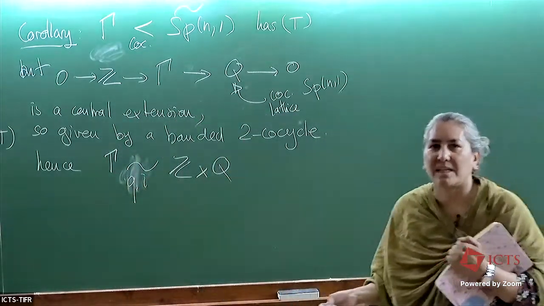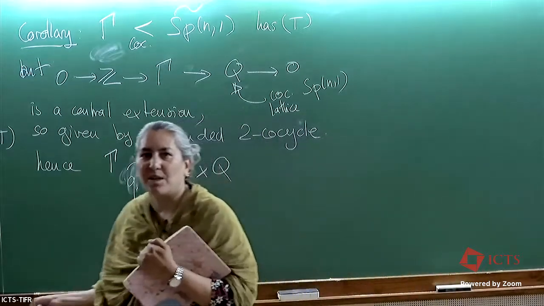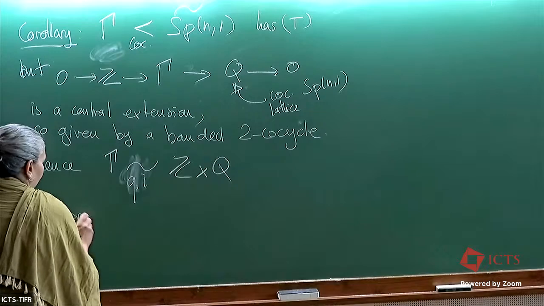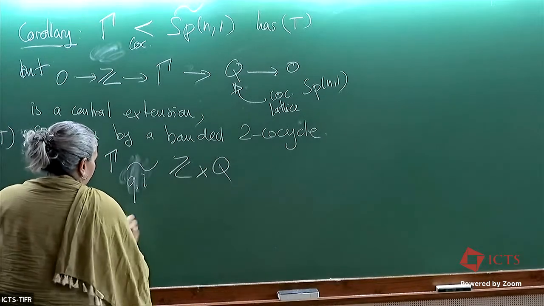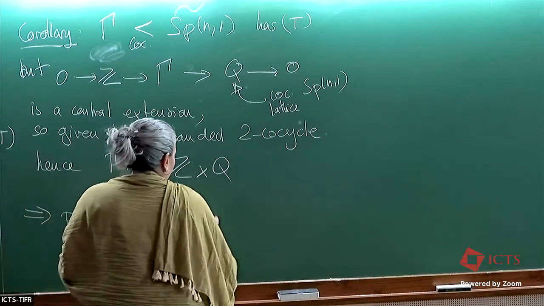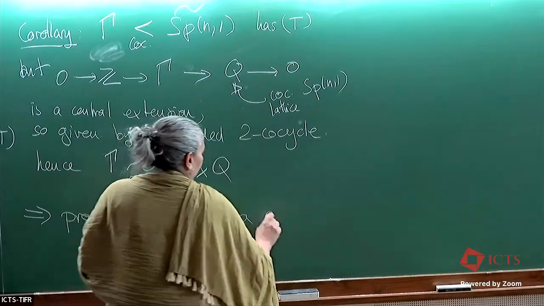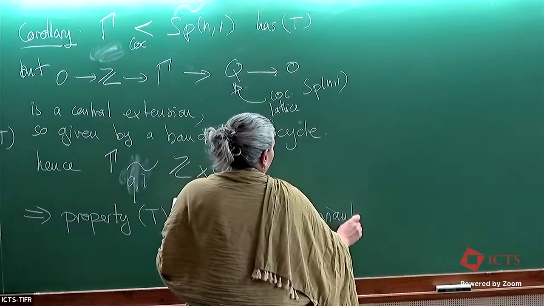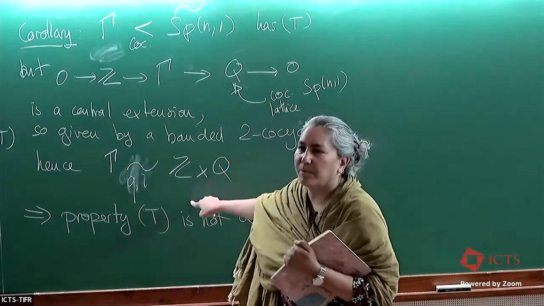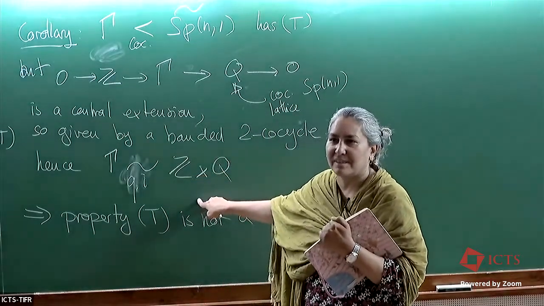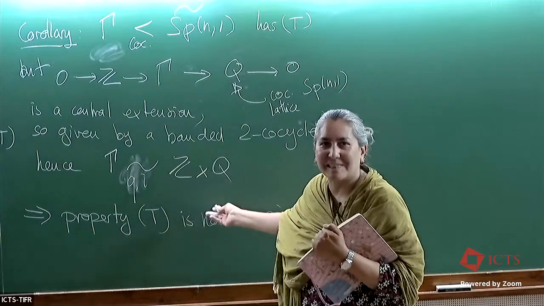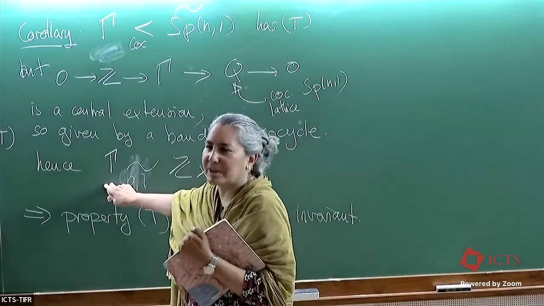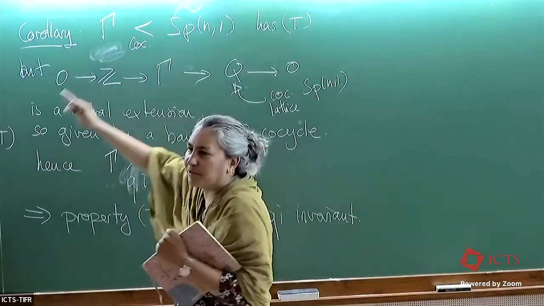And this shows that property T is not a quasi-isometry invariant. Because you have a group that does not have property T since it has a quotient which is Z, and you have a group here that has property T because of those results.